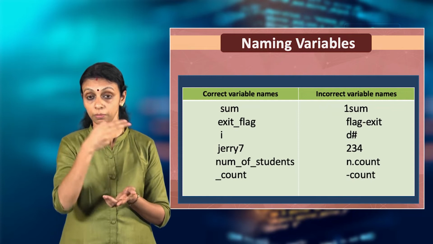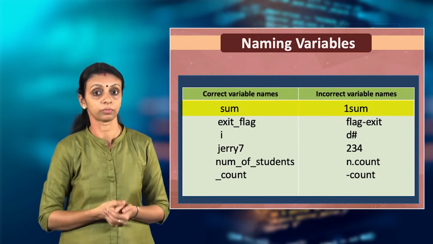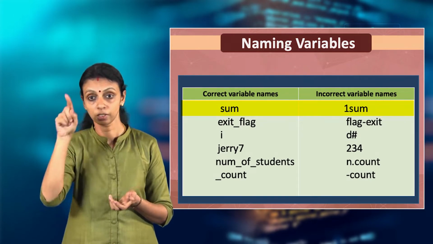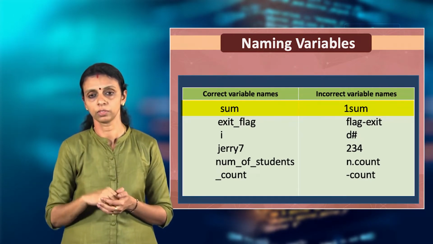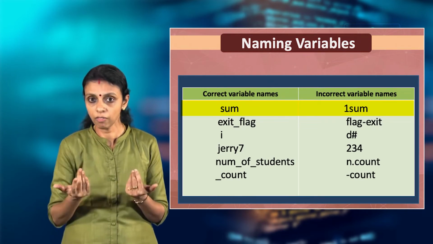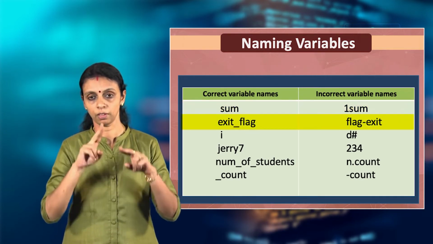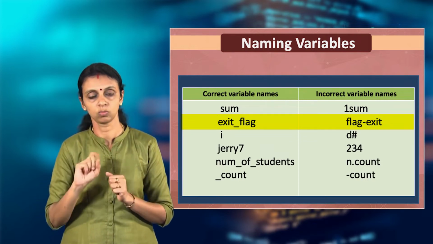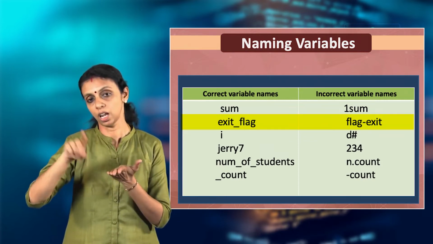Consider these variable names. 1SUM is not a correct variable name. Why? You can't start a variable name with a number. Flag-exit: the hyphen symbol is not allowed.